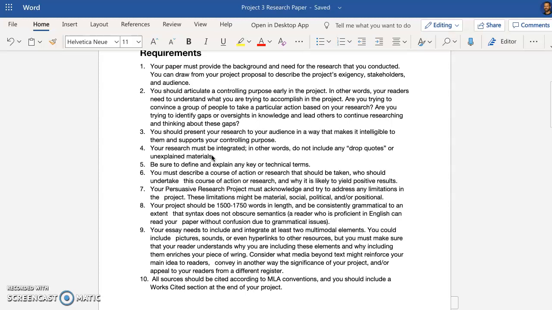A drop quote is where it looks to your audience like you've got 2 sentences and you feel like you needed some evidence in there. So you just put a quote and you quoted somebody's words and you put quotes around it and you didn't really integrate it. You didn't introduce that person, you didn't say why this is important, you didn't say how it relates to the conversation. So it's kind of, let's say you're eating a cake, okay?